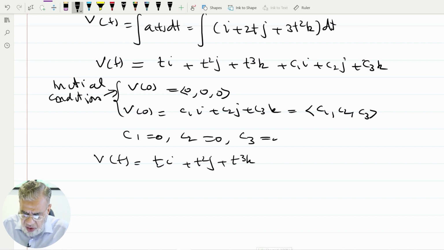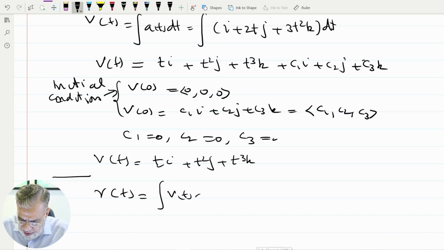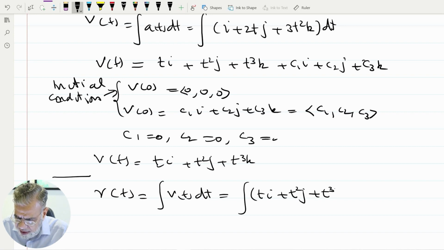The second part is I want to find r of t, and my r of t is the integral of v of t dt. So I have the integral of t i plus t square j plus t cube k, dt.